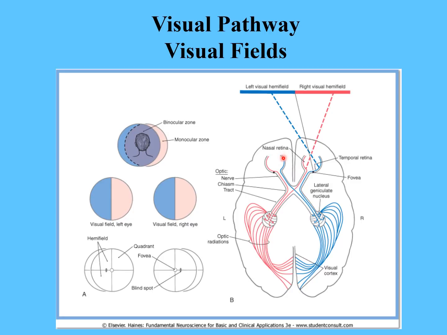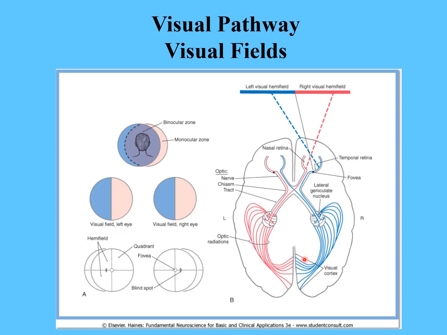Those from this right side, that is the nasal side of the left eye, will travel across the chiasm to the opposite side to join with its partner that represents the left visual hemifield. They'll come together and all synapse at the lateral geniculate nucleus and then travel back to the visual cortex.